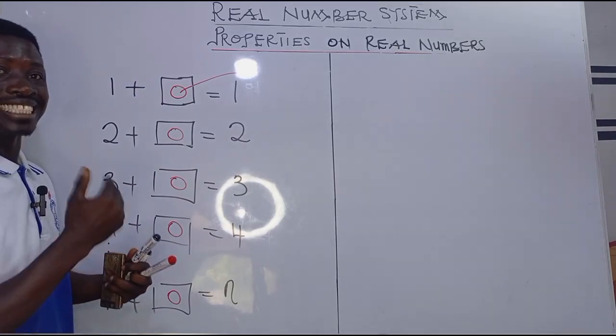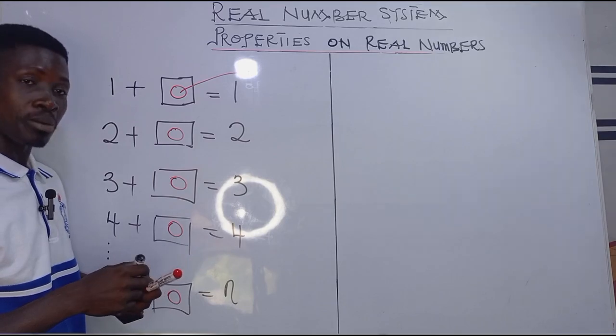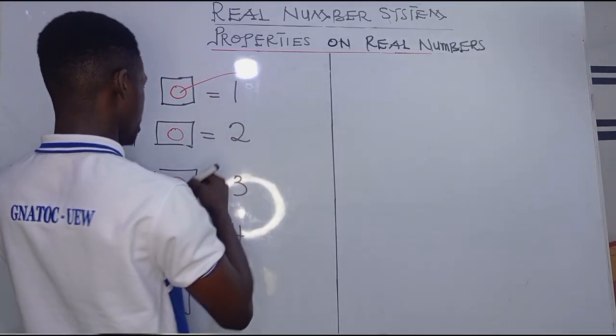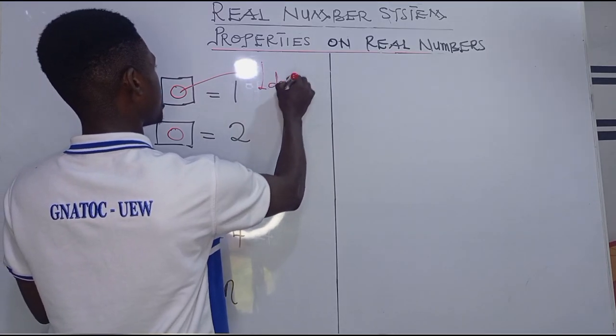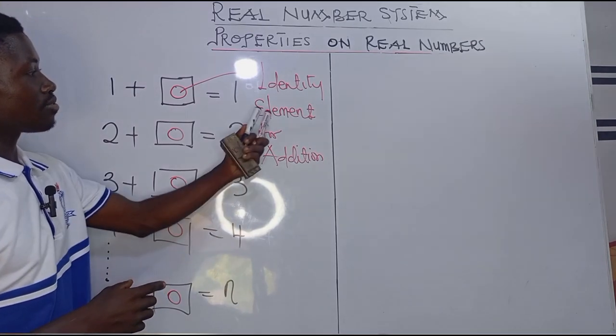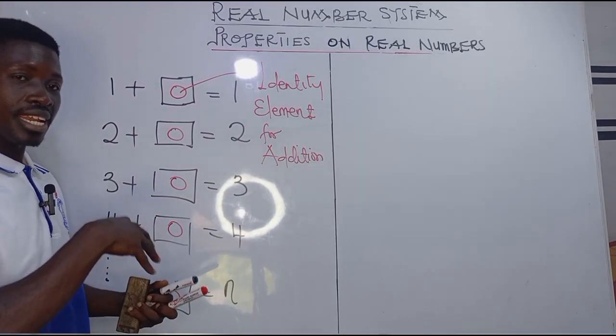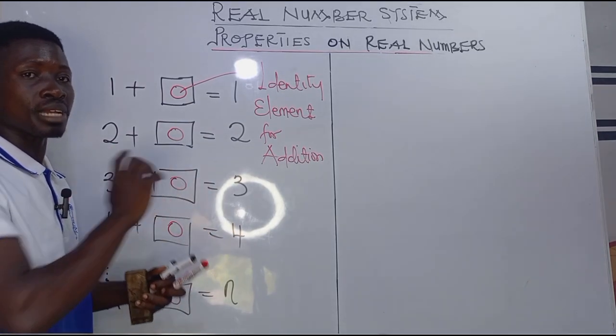Now, this 0 is called the identity element for addition. The 0 therefore becomes what? The identity element for addition. So we have identity element. Now, the identity element for addition says that any number plus the number 0 will give you back the same number.